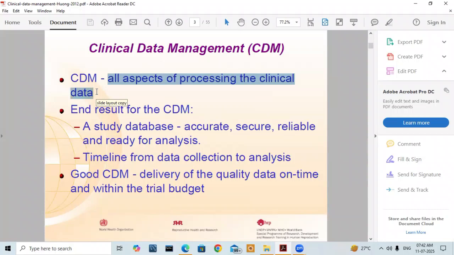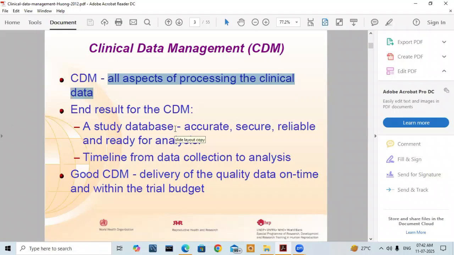In clinical data management, we are dealing with the clinical data: how the data is managed, how it is stored, how it is collected and understood, and how it is maintained. So data processing is nothing but clinical data management. So what do you want?